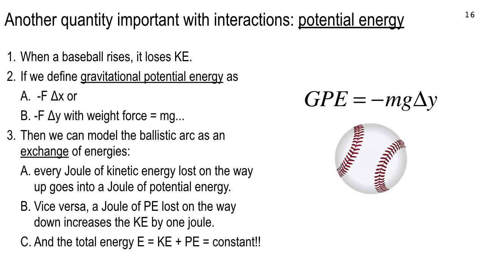But if one of them goes up by a joule, the other one goes down by a joule, so their sum doesn't change. The sum is the total mechanical energy. Right? So here's the formula, and this is what we call conservation of total mechanical energy. The sum of the kinetic and the gravitational potential energy is a constant.